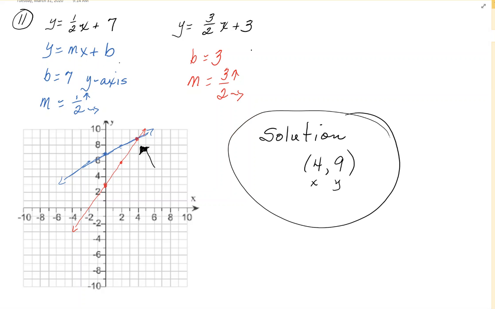So the key to this is having accurate graphs for each of your lines. In a minute or in another video, I will do one where the lines do not start out in this beautiful y equals mx plus b format, and you have to modify it.